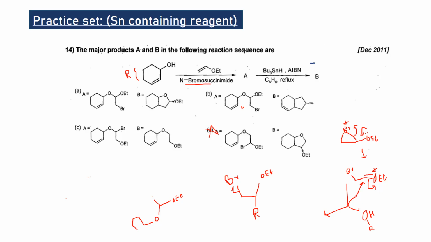Now as there is a double bond in this ring, it inserts here, forming this as our product. So the correct option is option A.